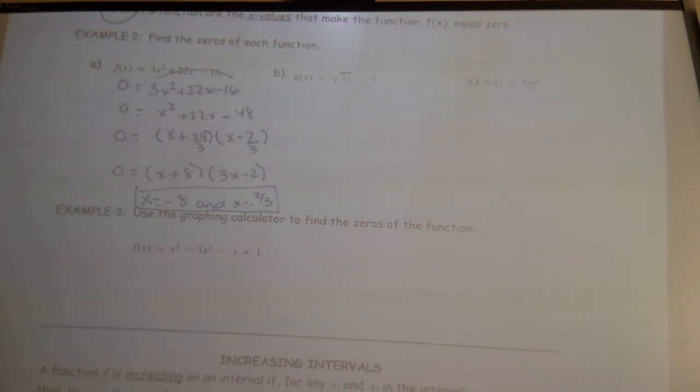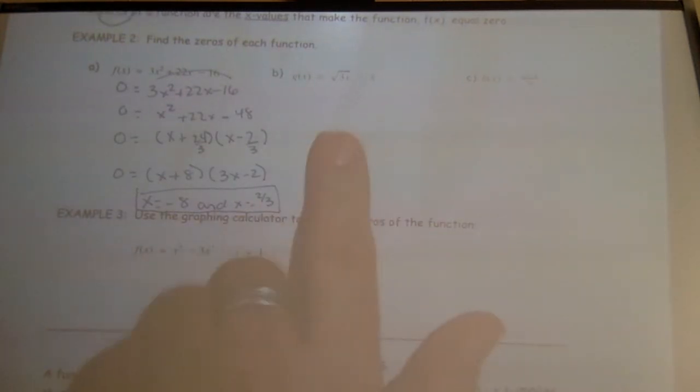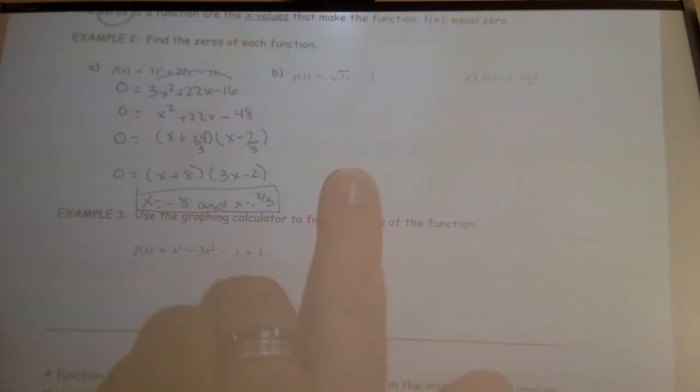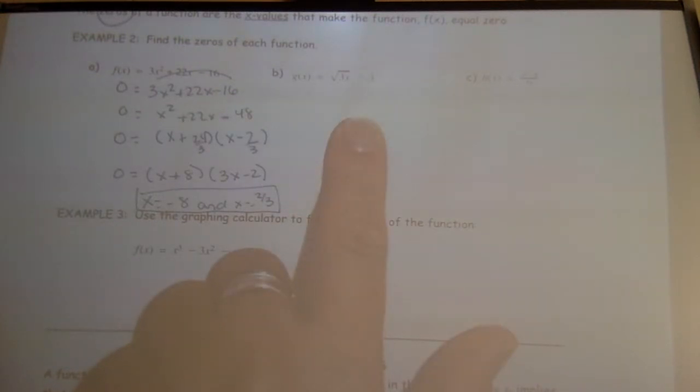Questions there? How are we going to find the zero for B? For B, letter B, example B. It would be, but how do I prove it? How do I show it? Just write x.